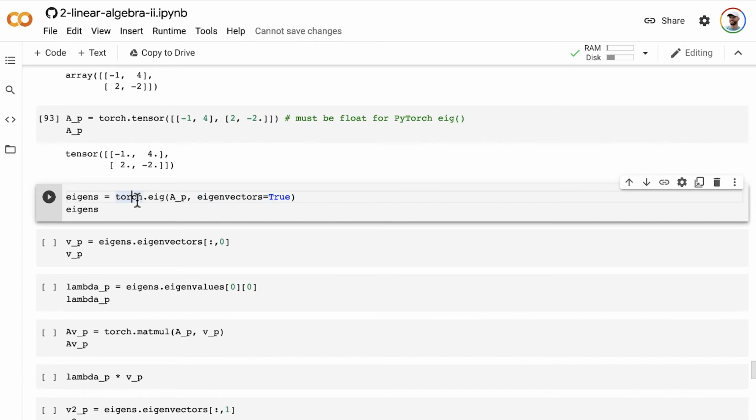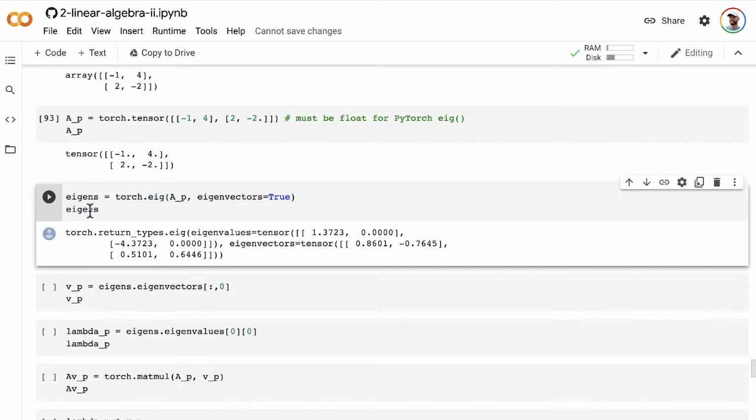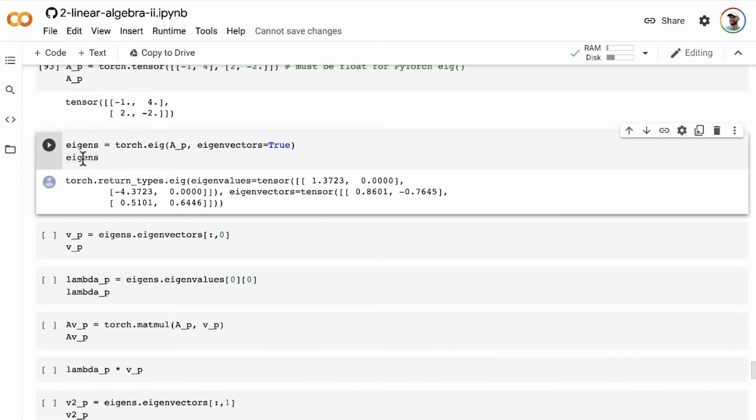By default, the torch Eig method returns eigenvalues only. Another little distinction between the NumPy and PyTorch methods. And another distinction is that the PyTorch method creates only one output object, so I'm calling it eigens, and that single object contains both the vector of eigenvalues and our matrix of eigenvectors.